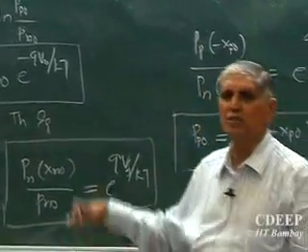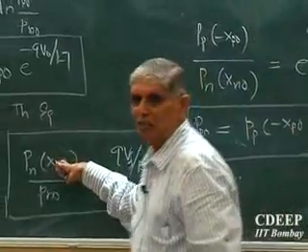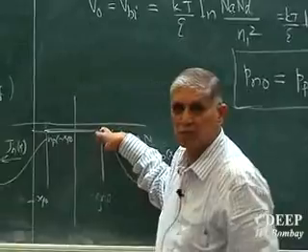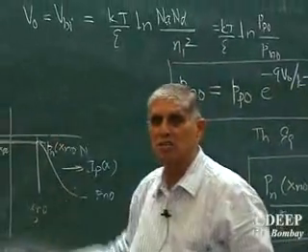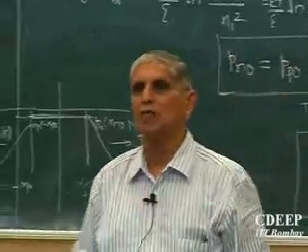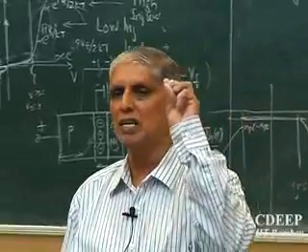So what does this physically mean? p_s at x_n0 means this point. This is p_n0. So what does that mean? This concentration is raised from its equilibrium value by e to the power of applied qVf by kT.